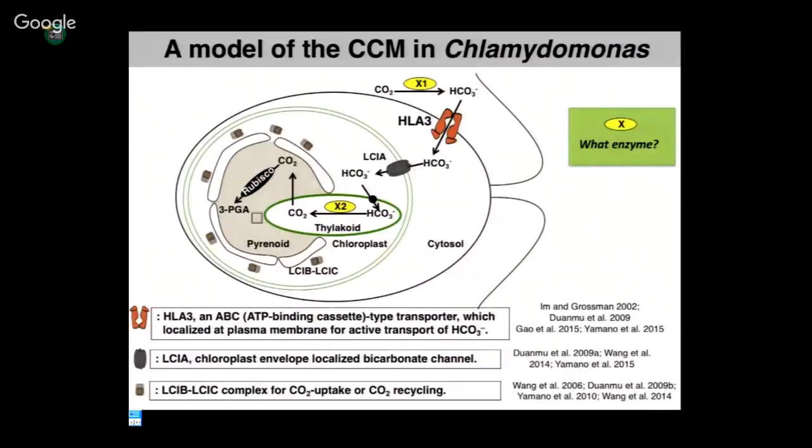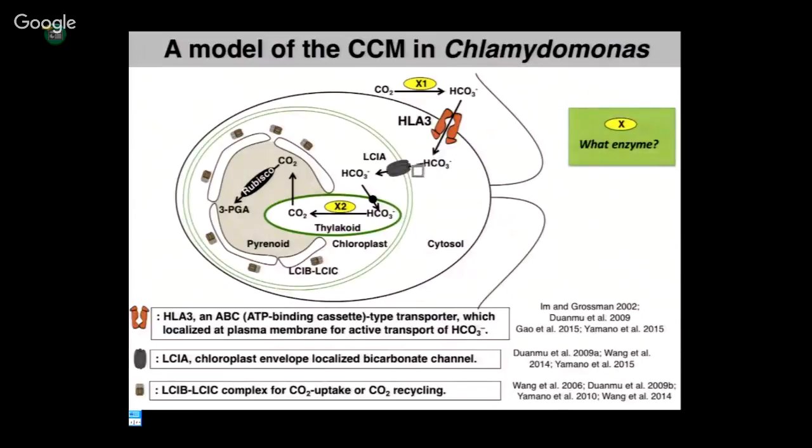The cytochrome membrane penetrates into the pyrenoid to support the supply of bicarbonate or CO2 from the stroma into the pyrenoid region inside. They need this kind of mechanism. And I'm now focusing on the part from outside, where bicarbonate can be taken up by an ABC transporter.